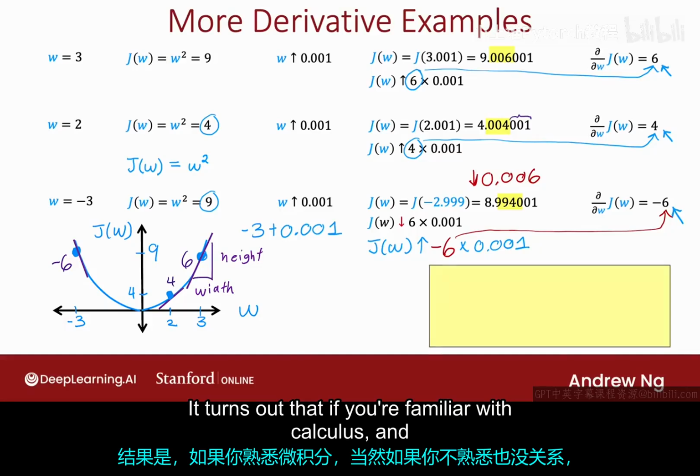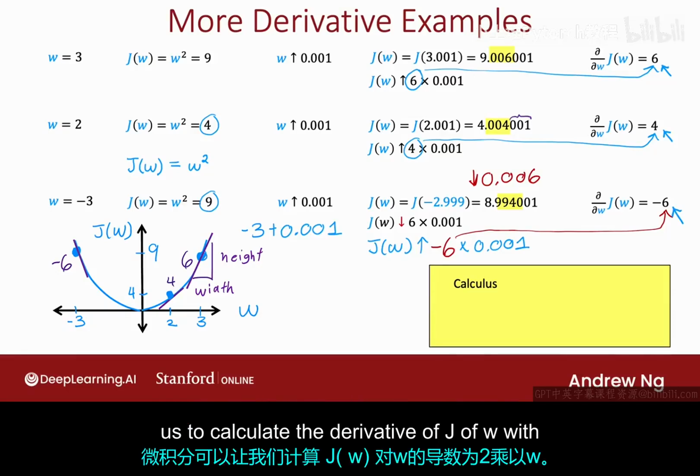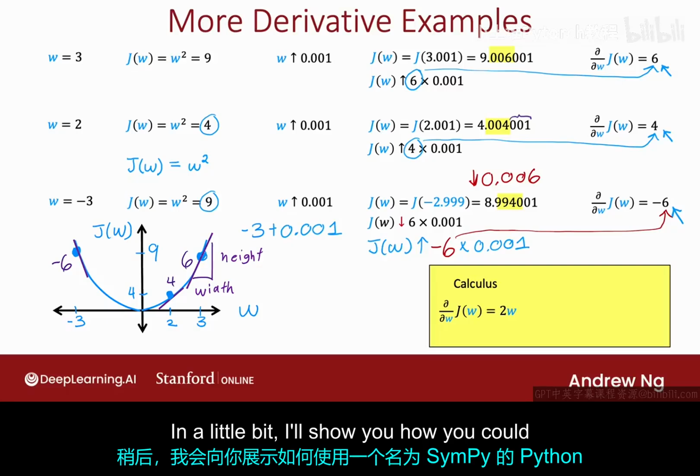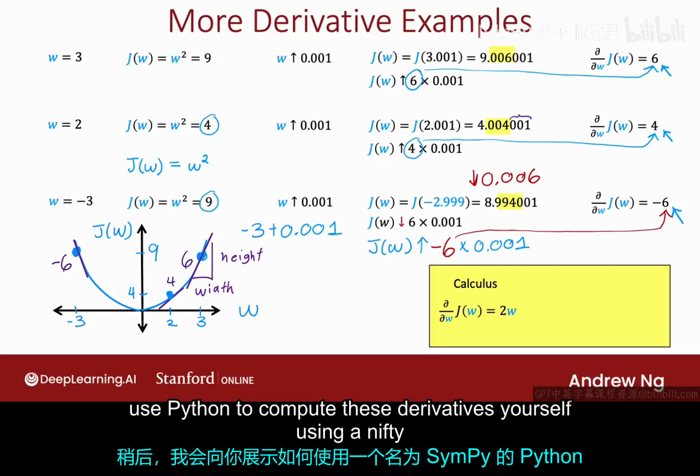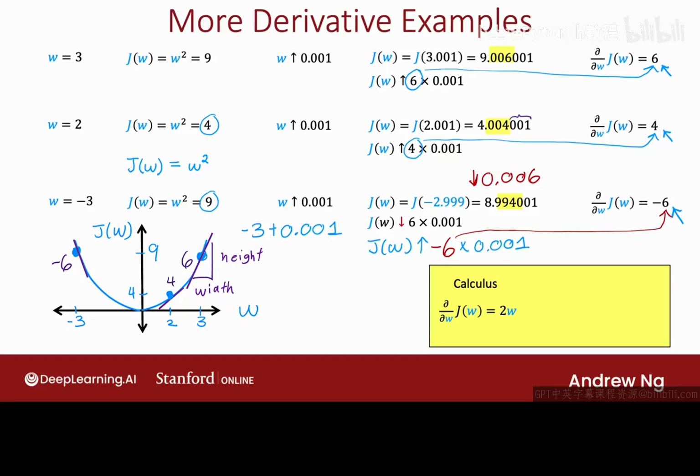It turns out that if you're familiar with calculus, and again, it's totally fine if you're not, calculus can allow us to calculate the derivative of j of w with respect to w as 2 times w. In a little bit, I'll show you how you could use Python to compute these derivatives yourself using a nifty Python package called SymPy.